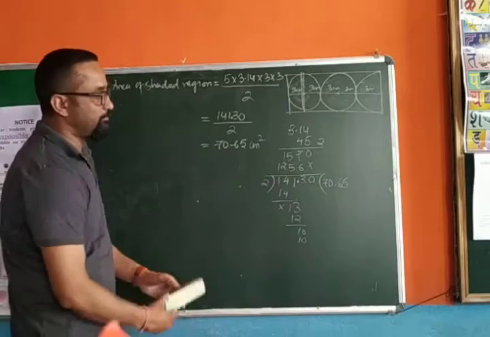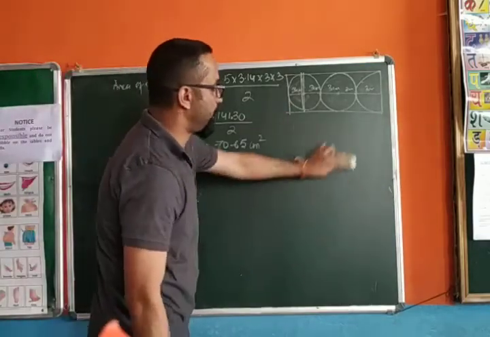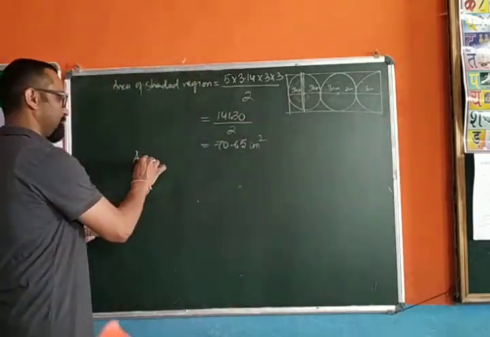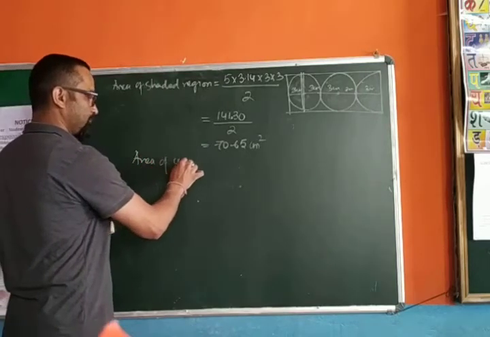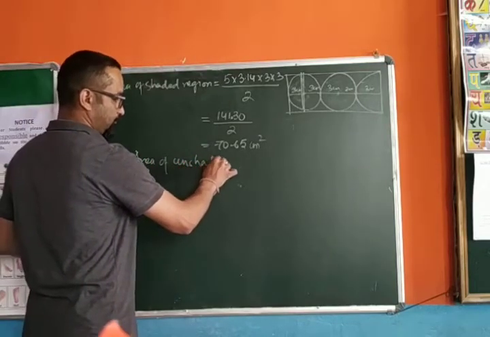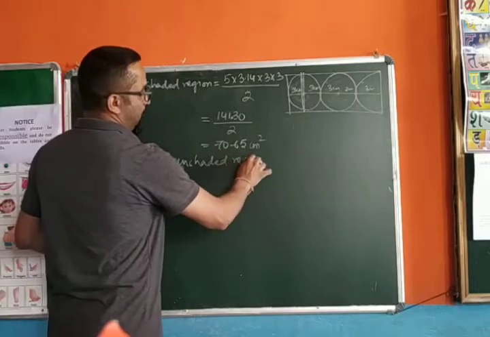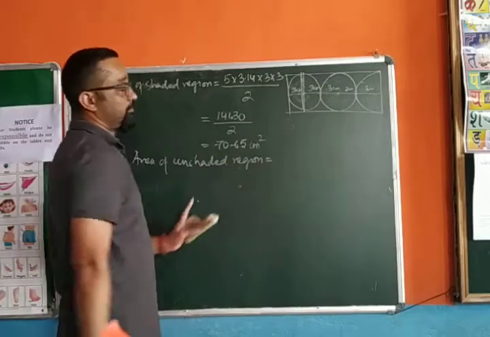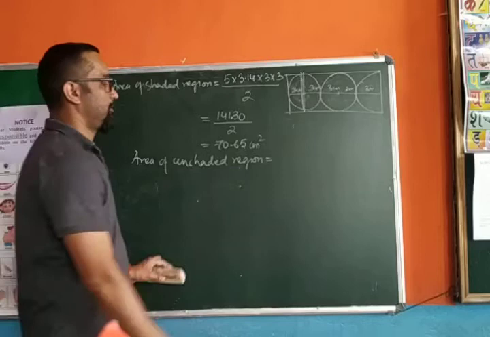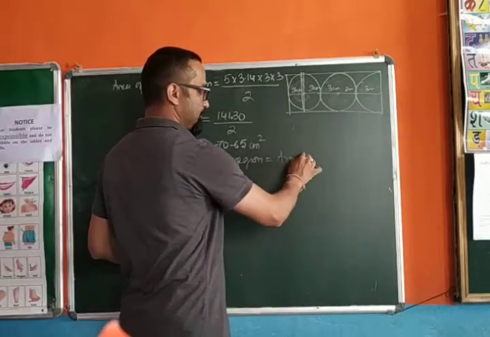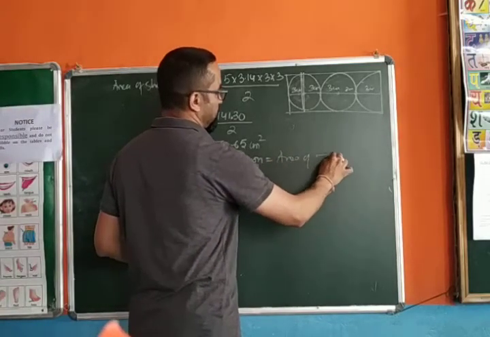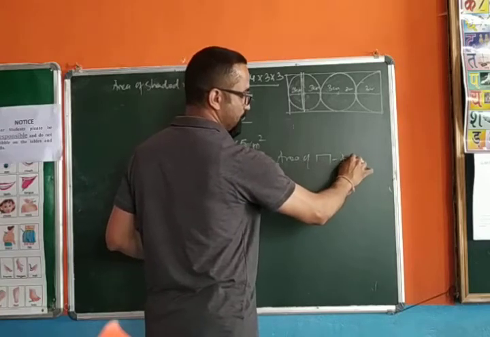Now the area of the unshaded region. Some part of the rectangle is unshaded, so the area of the rectangle minus the area of the shaded region.